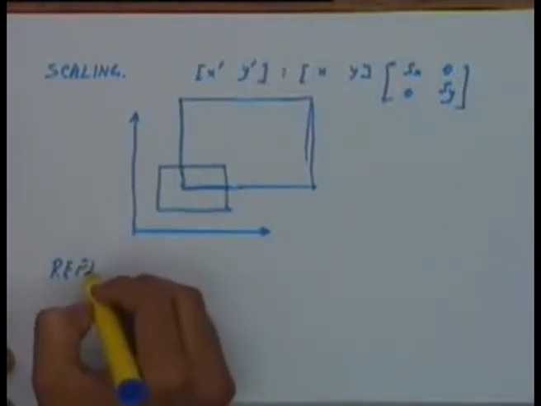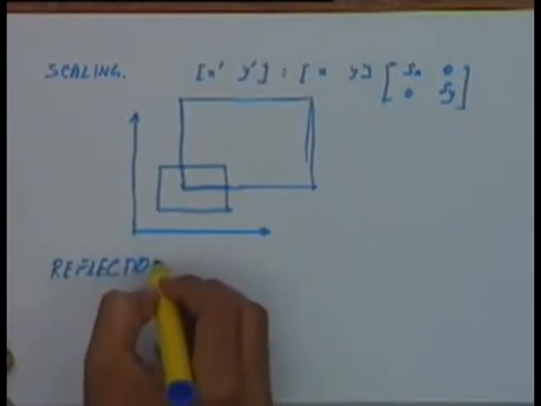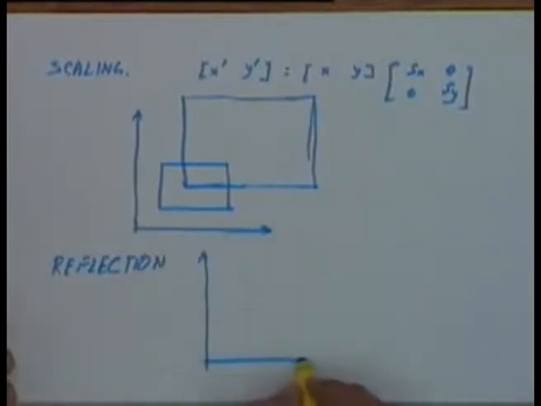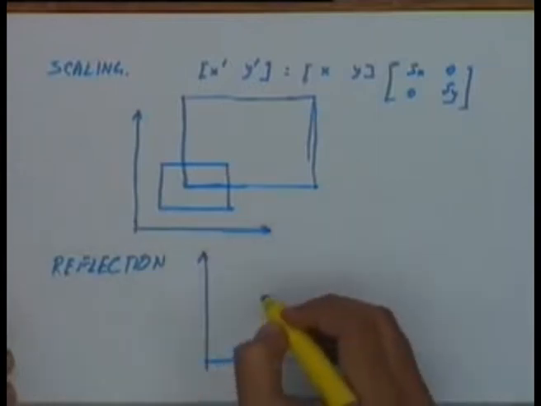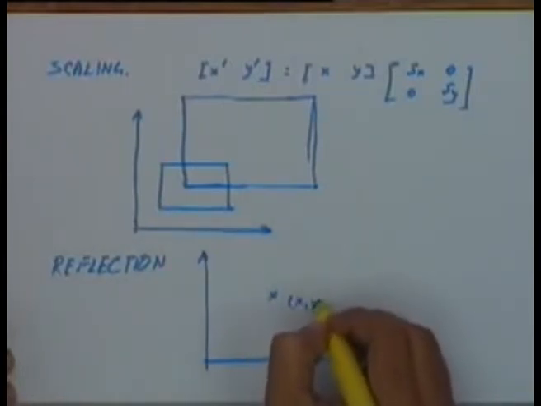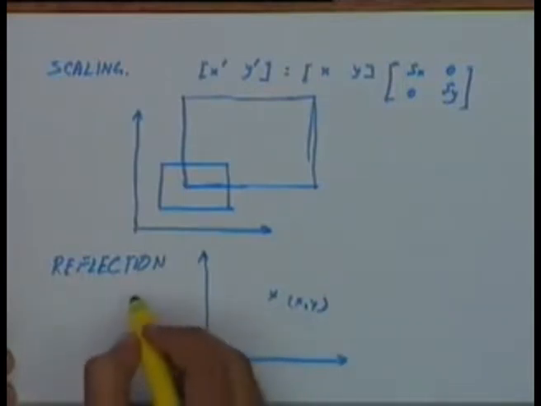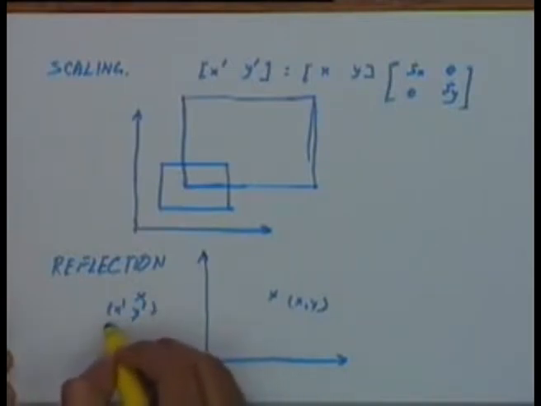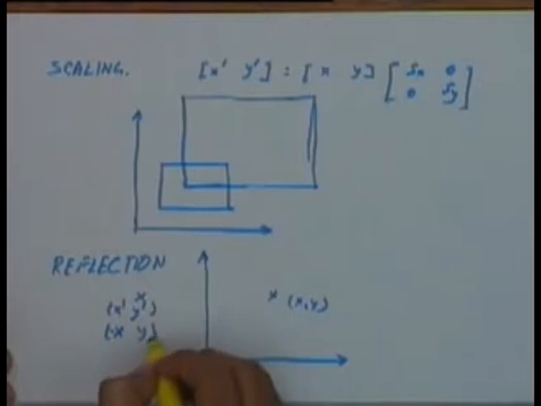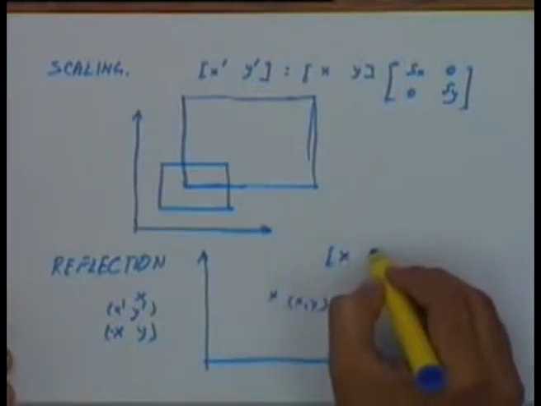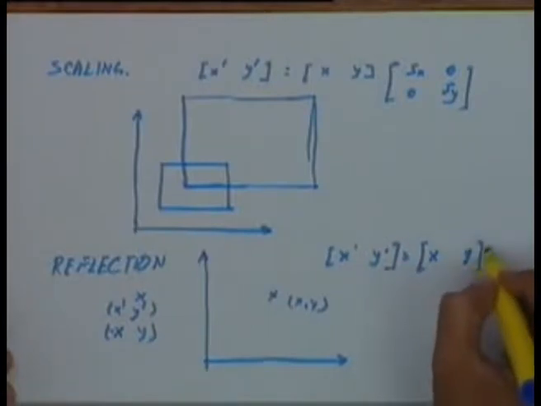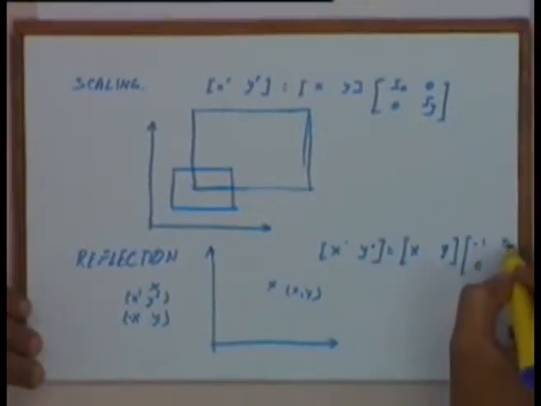Now let us see reflection. If you have any arbitrary point (x, y) and we reflect it about the y axis, this point will be (x', y'), which will be nothing but (minus x, y). So when you are reflecting about the y axis, the transformation can be written as (x', y') equal to (x, y) multiplied by [minus 1, 0; 0, 1].